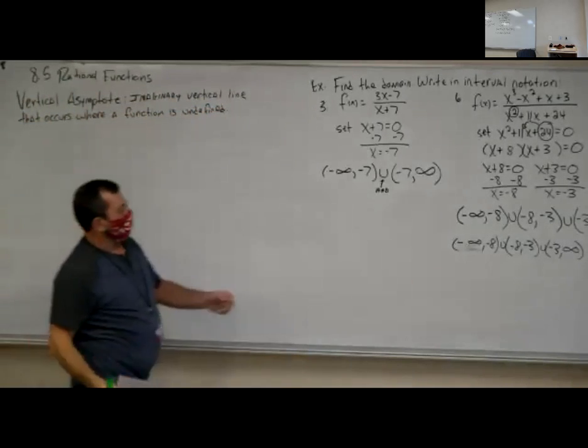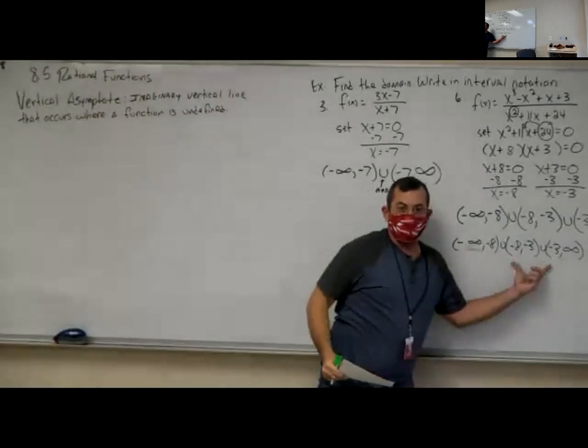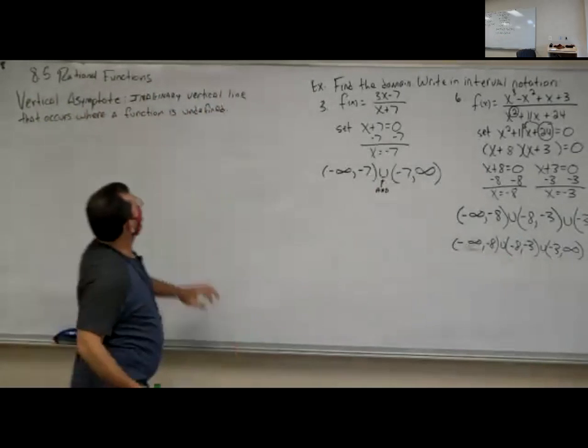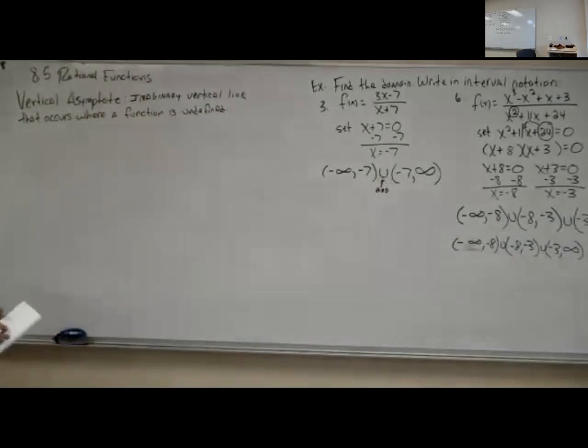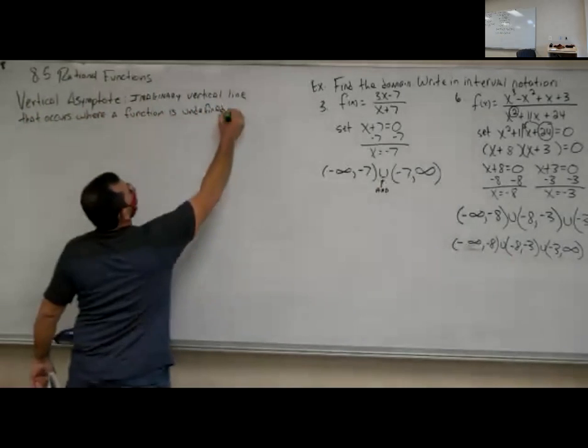So it's going to occur at these numbers over here that we were finding in these domains, okay? So it's going to occur where the function is undefined. The graph cannot cross the imaginary vertical line.